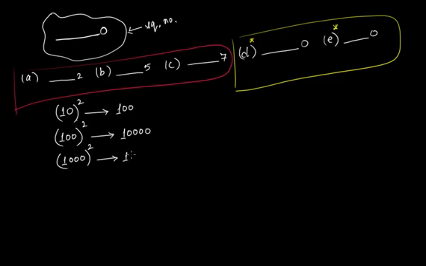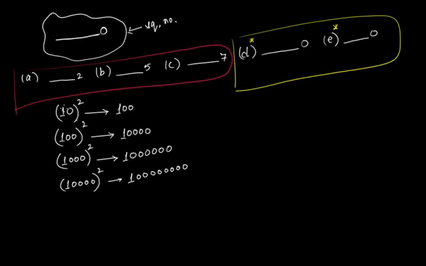You can find it out: 1, 2, 3, 4, 5, and 6. If it has 4 zeros, then the square number will have 8 zeros: 1, 2, 3, 4, 5, 6, 7, and 8.